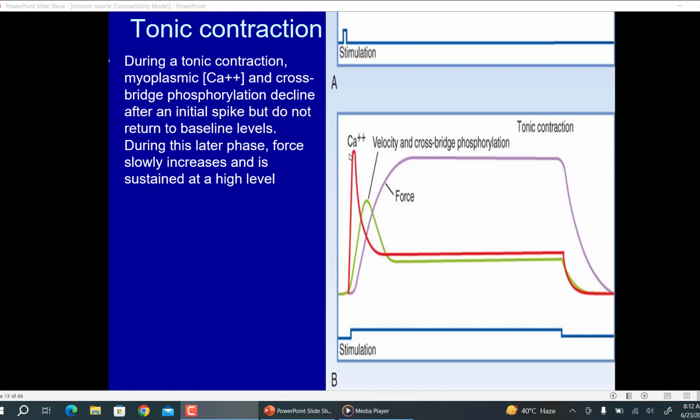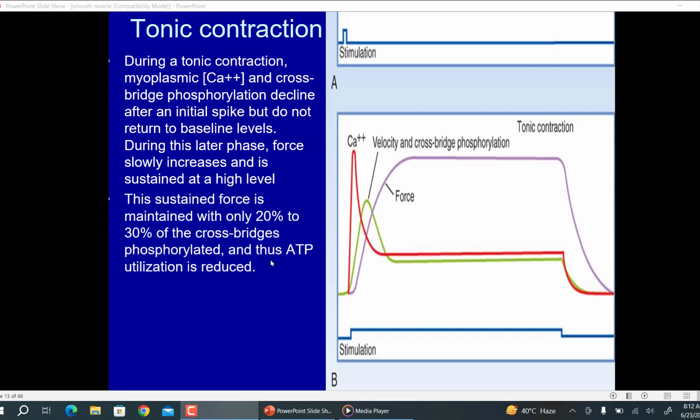The contraction occurs with velocity which is slower than the single units, and there is full contraction, but this contraction then does not come suddenly to the baseline. The muscle remains contracted for longer duration as compared to the single unit muscle.